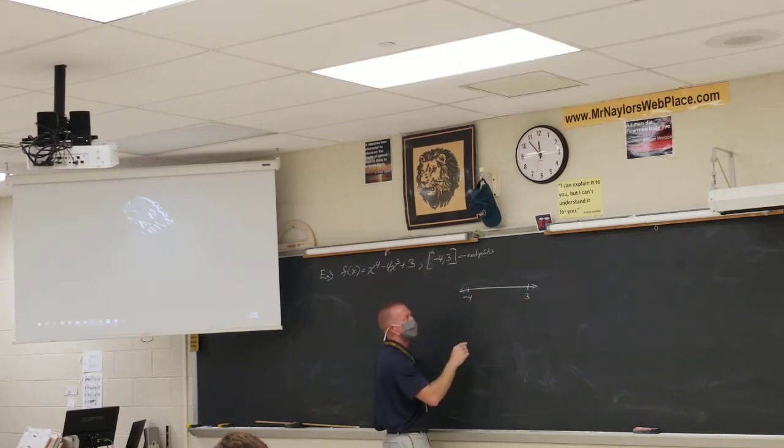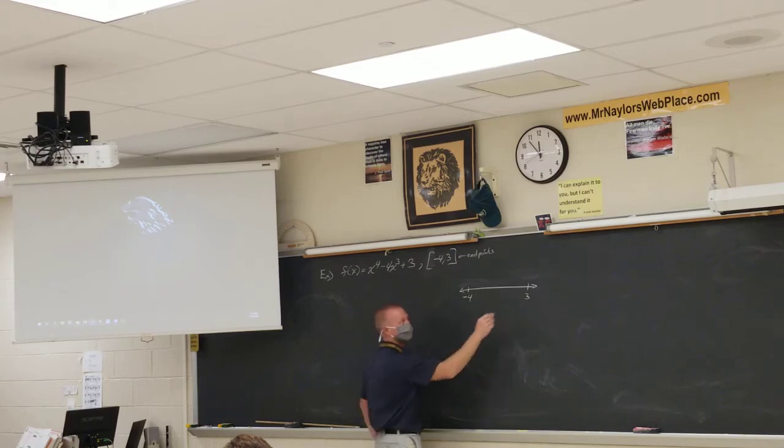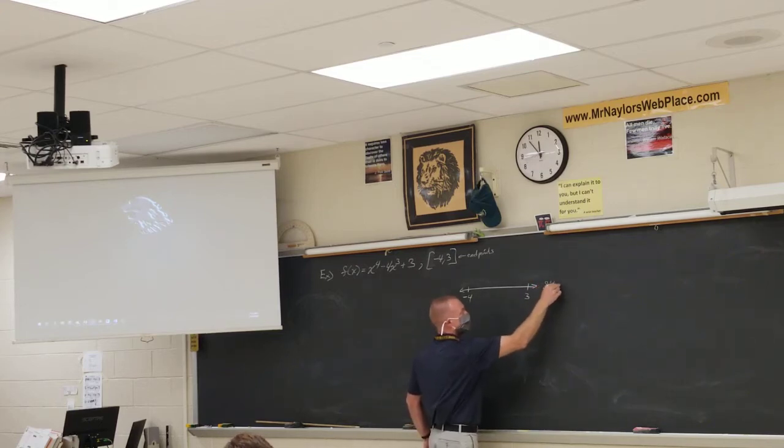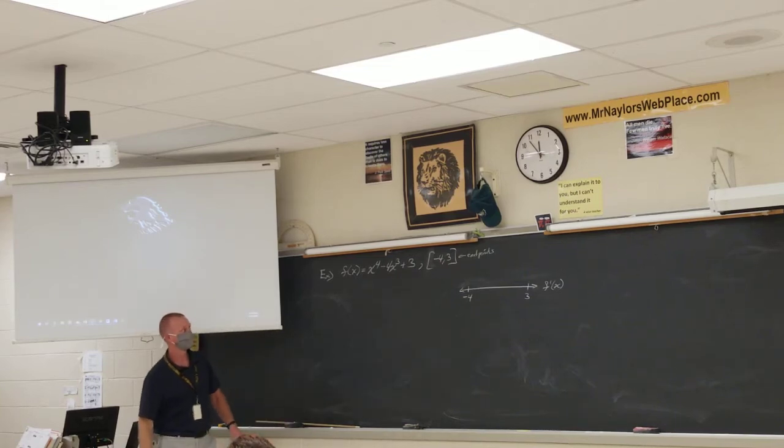The reason I am doing this, even though I confess I normally don't, is because I don't want to forget about these endpoints, and sometimes people do. So whatever it takes, don't forget about the endpoints.